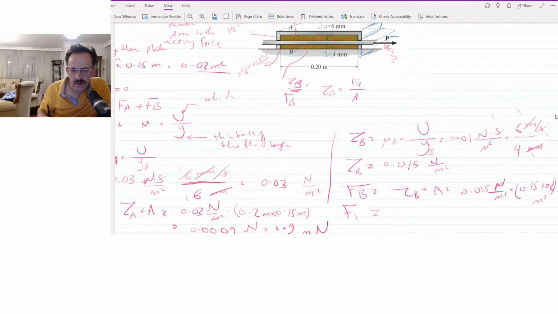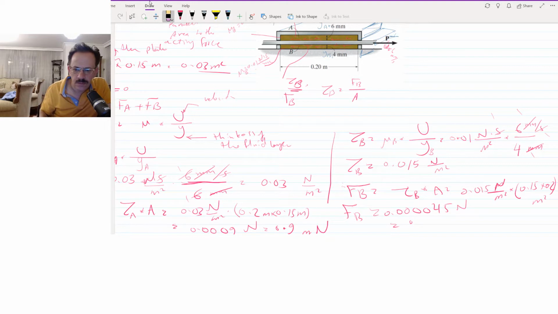So by multiplying 0.2 times 0.15, the force at B is equal to 0.00045 Newton, which means about 0.45 milli-Newton.